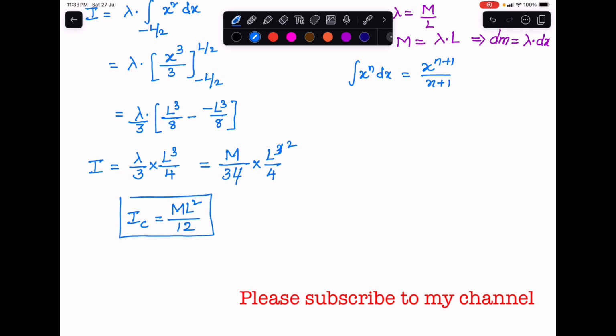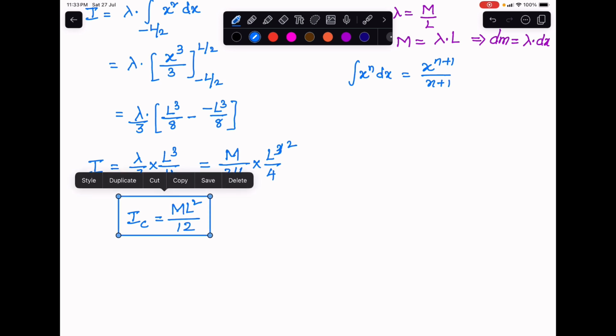So this is your expression for the moment of inertia for a thin uniform rod about an axis passing through the center of mass and perpendicular to the thin uniform rod. From this we can even find out the radius of gyration also.